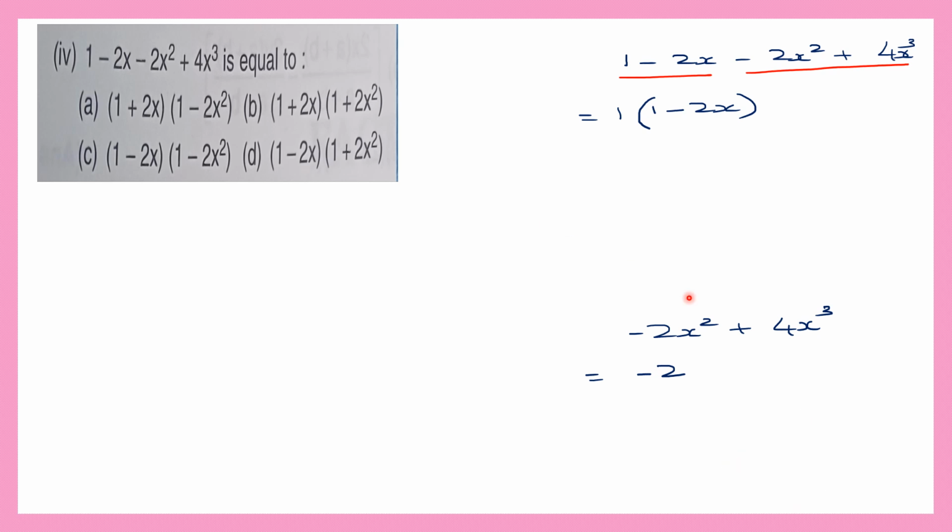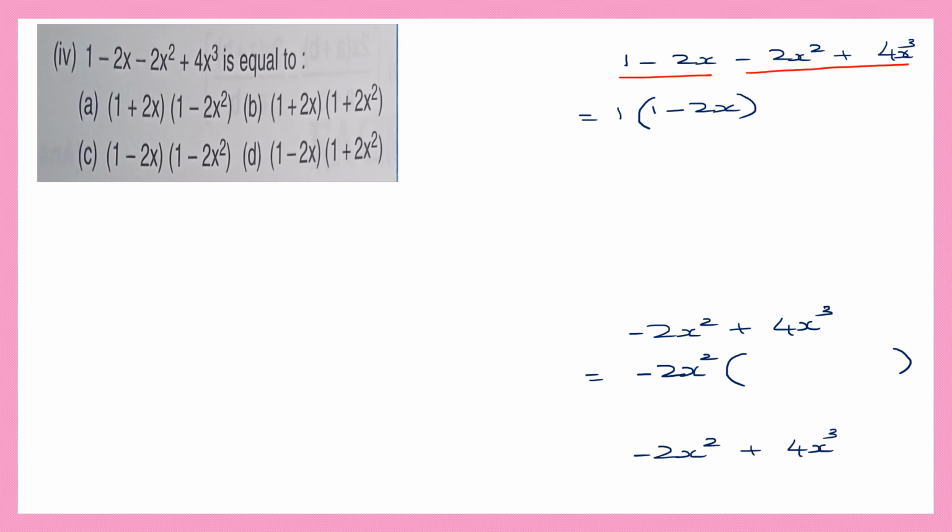Then here we have x square. Here also we have x, but it's x cube. So take the one with the smaller power, that is x square. So let's write that x square out. So we have minus 2x square. Now inside the brackets, what will we get? So let's take the first term and the second term and divide it by this. The first term is minus 2x square. The second term is plus 4x cube.